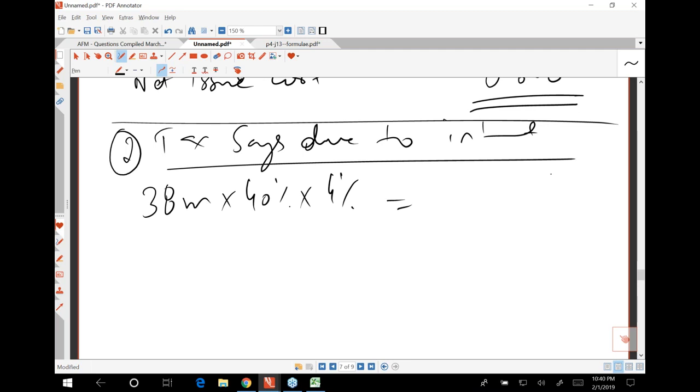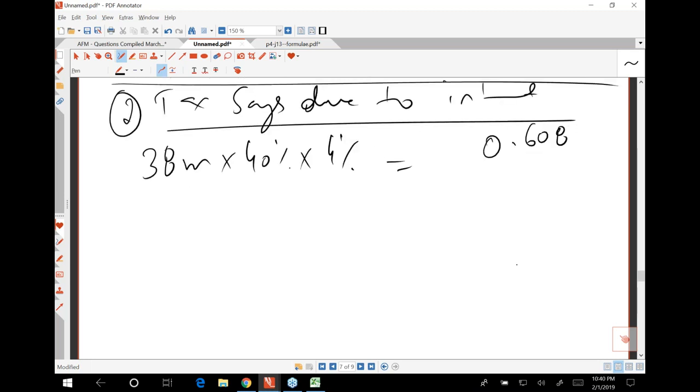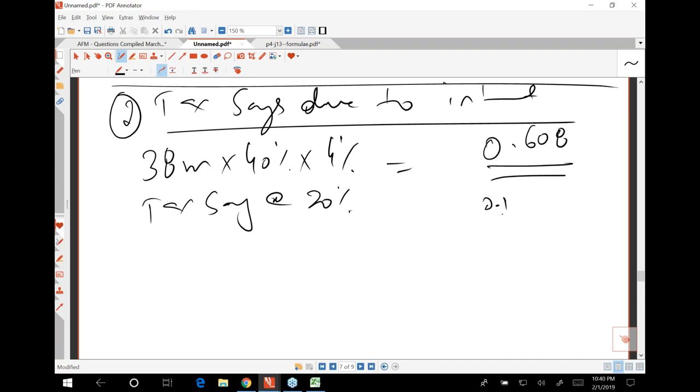Okay, interest is again 0.608. So the tax saving due to interest, this is the interest. The tax saving on it at the rate of 20% turns out to be how much? Okay, 0.1216.